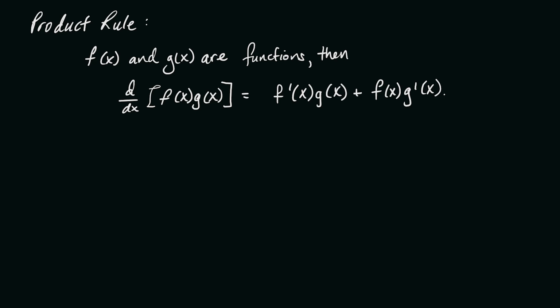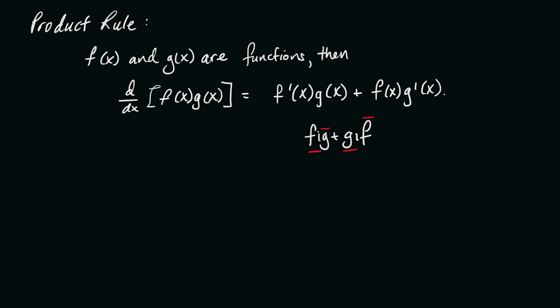Another way that we can memorize this is what some people use, f'g plus fg'. In this, it's saying that f prime times the g and then the g prime times the f. So it's the same concept here.